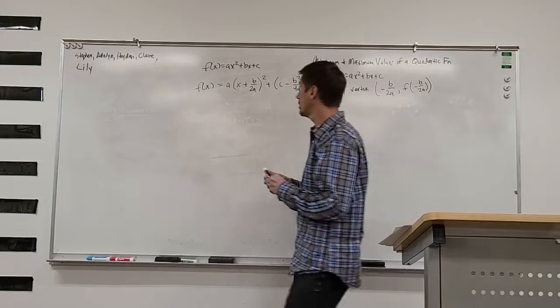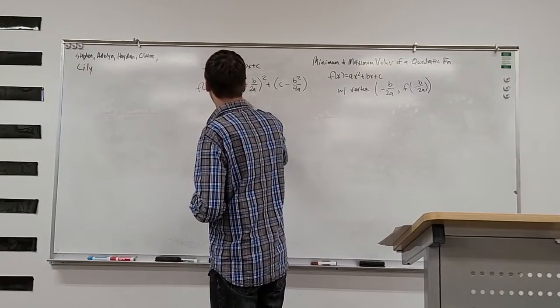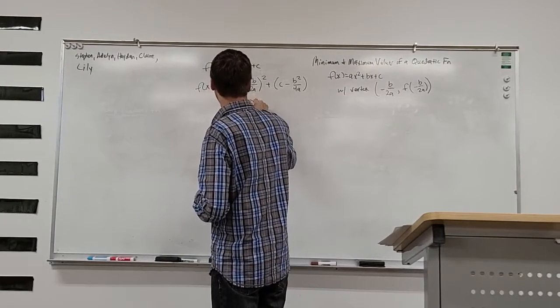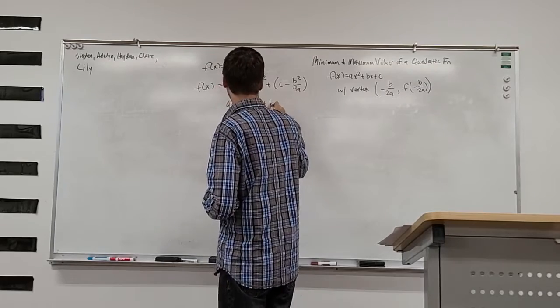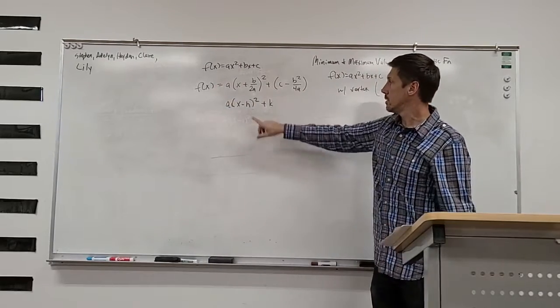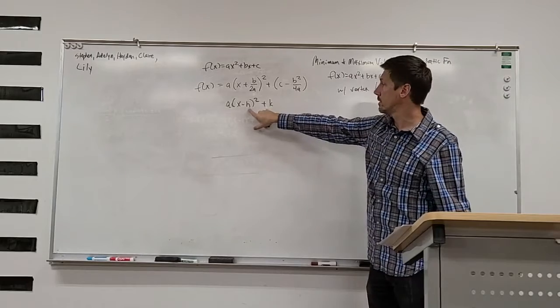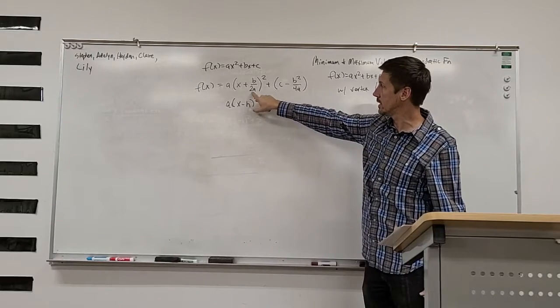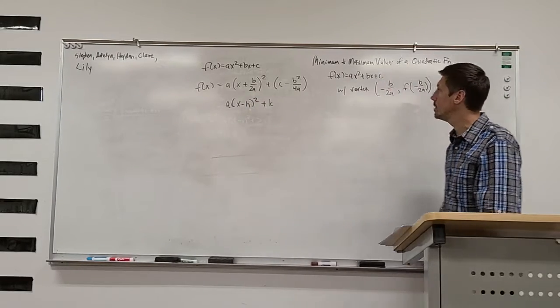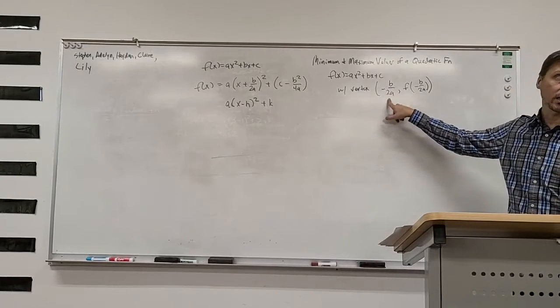Because remember our original function said a(x minus h) squared plus k. So the point where our vertex is basically the negative of this. So negative b over 2a, which is exactly what we have here.